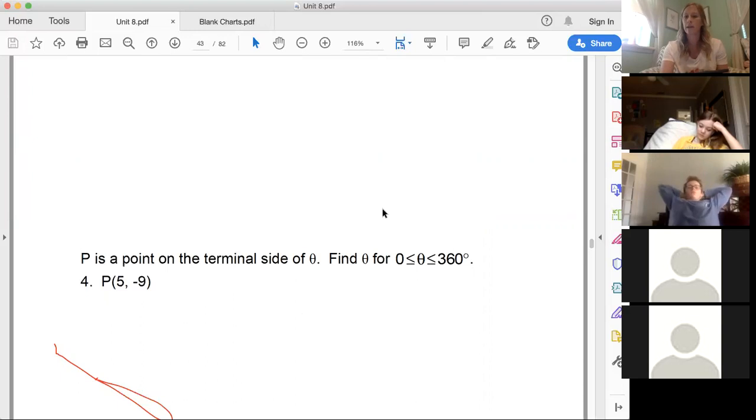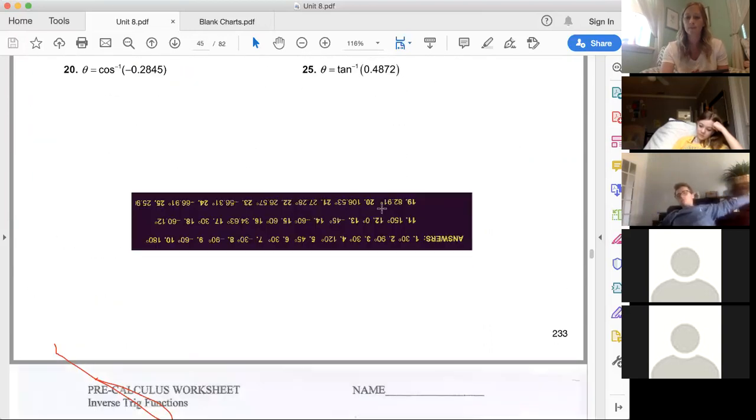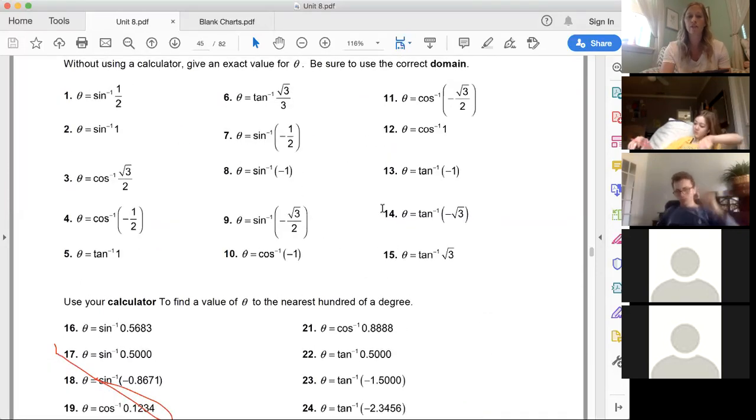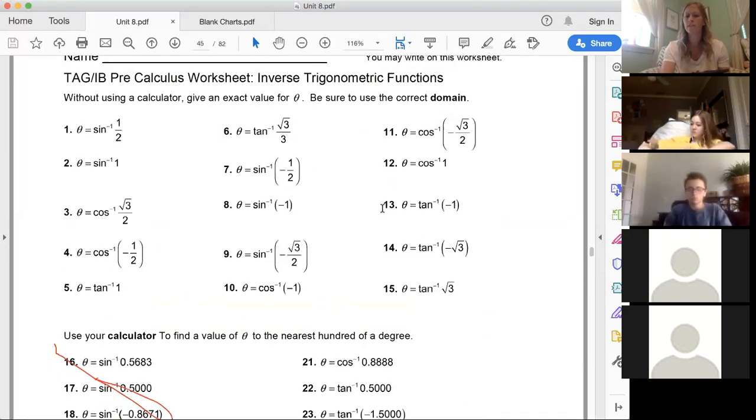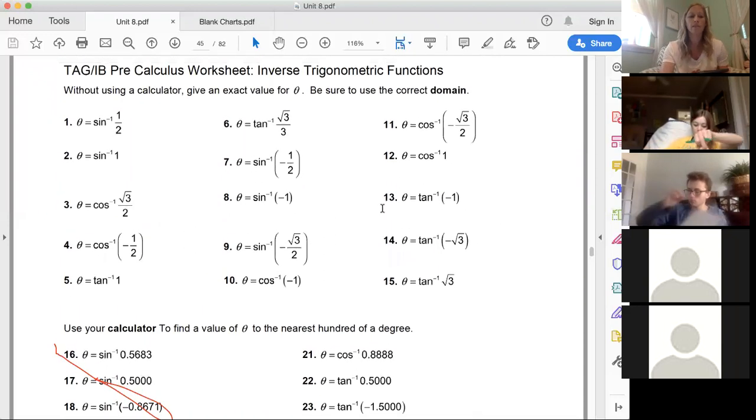I am not going to talk about any more of those notes, but I do want to take a look at page 233, 234 real quick. Just some notation stuff. On this page, you see a lot of inverse sines, inverse tangents, inverse cosines. This does not necessarily mean plug these into your calculator.